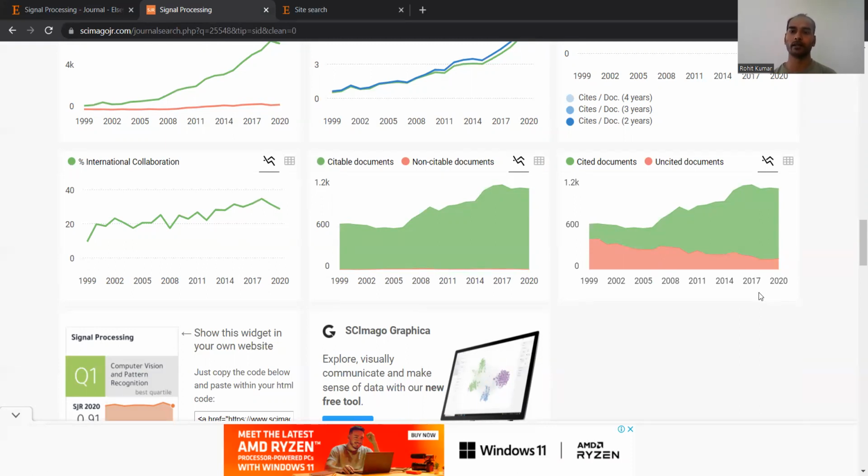That's why your work might remain unnoticed. That's why so many people go for the open access option, so that at least viewers will see our work, and then they will definitely go for citing. So definitely it's a point that open access papers do get a higher number of citations and recognition. That's why people go for that.